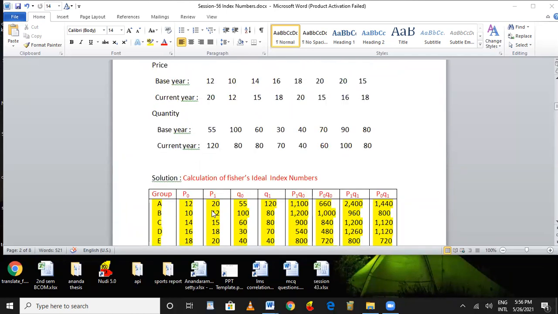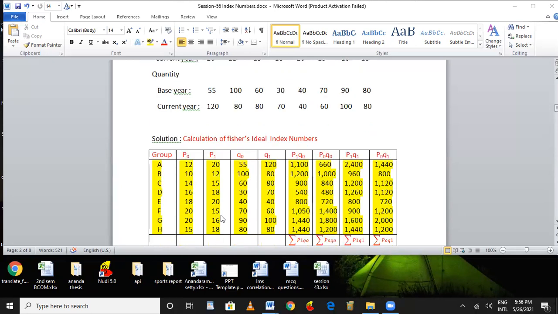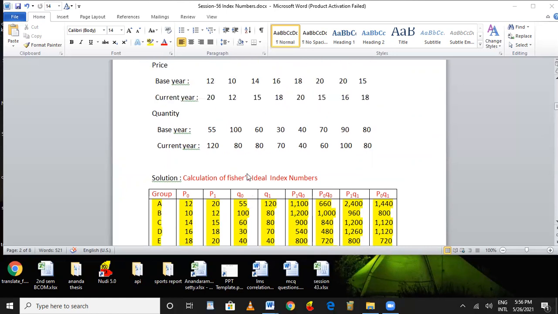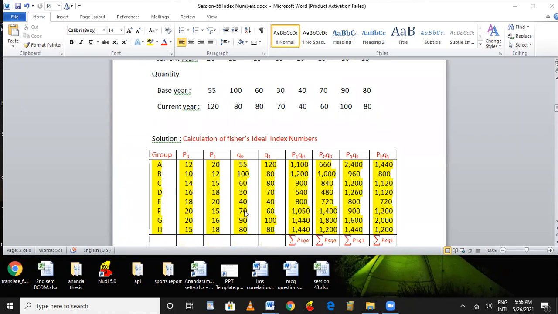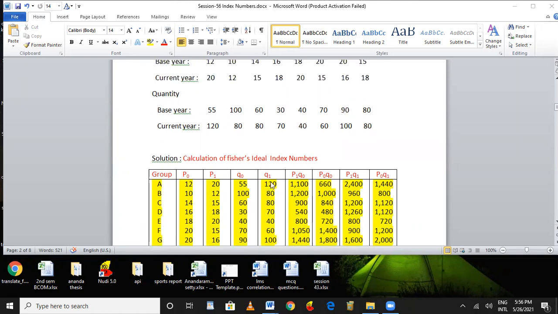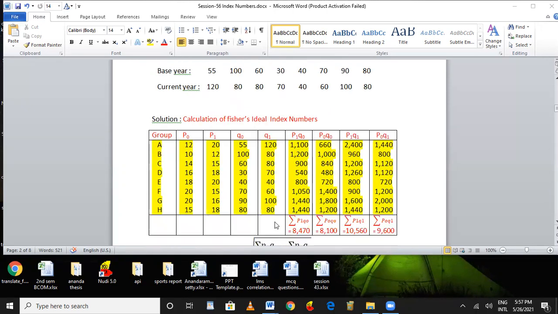Then current year prices: 20, 12, 15, 18, 20, 15, 16, 18. Then quantity for the base year: 55, 100, 60, 30, 40, 70, 90, 80. Then quantity for the current year: 120, 80, 80, 70, 40, 60, 100, 80.